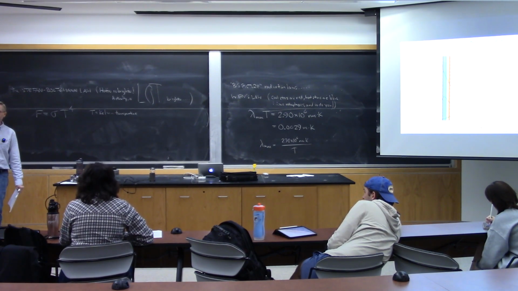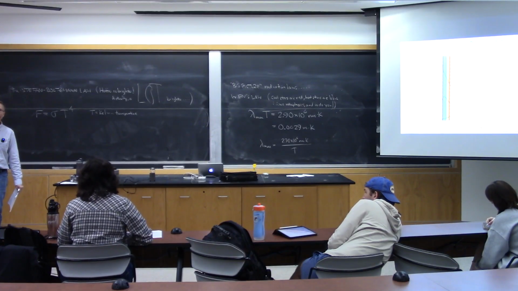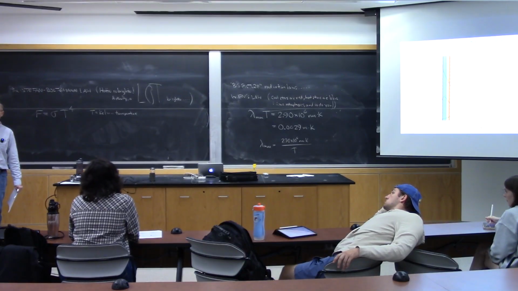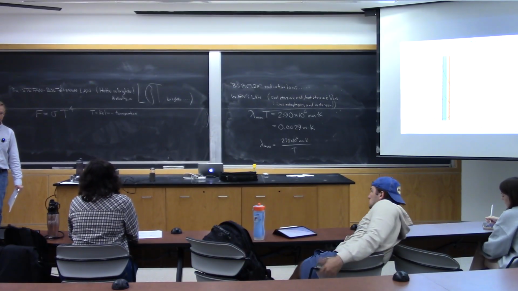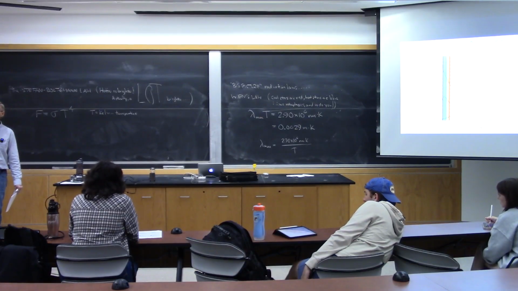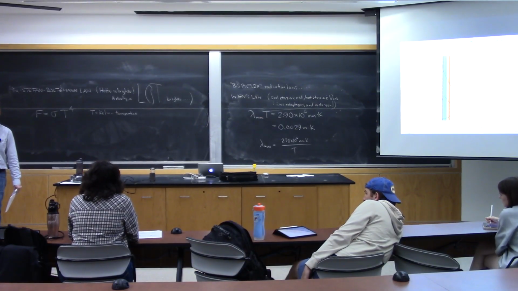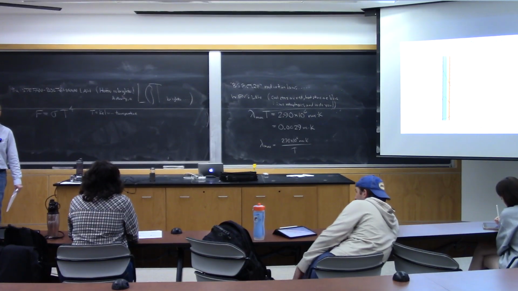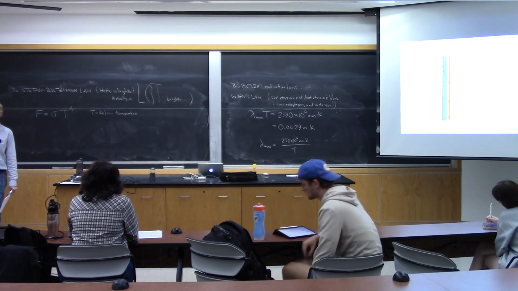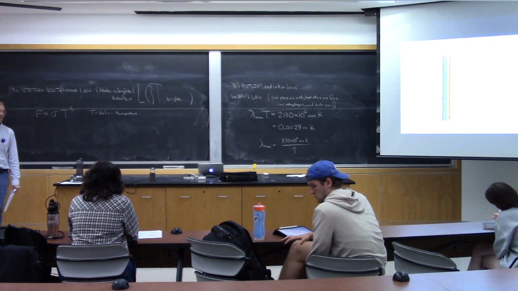Absolute zero is minus 273 Celsius. 273 Kelvin is 0 Celsius. It's 20 Celsius in here, so it's about 293 Kelvin in here, roughly speaking.